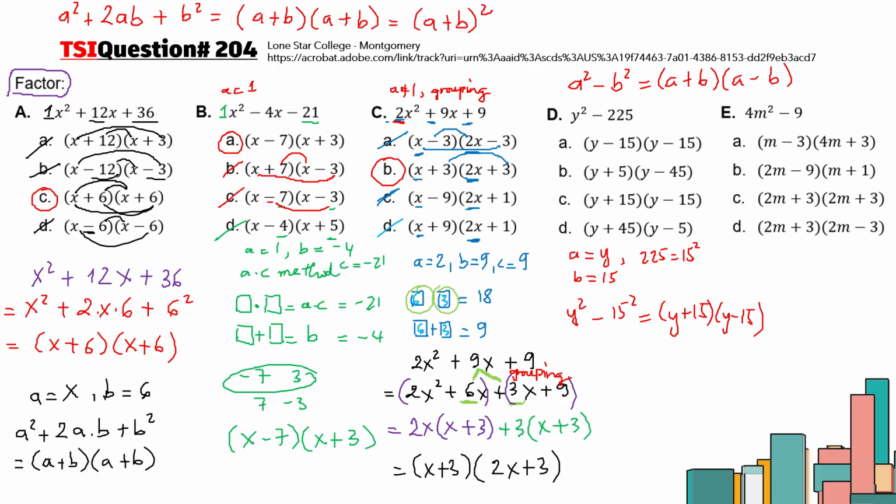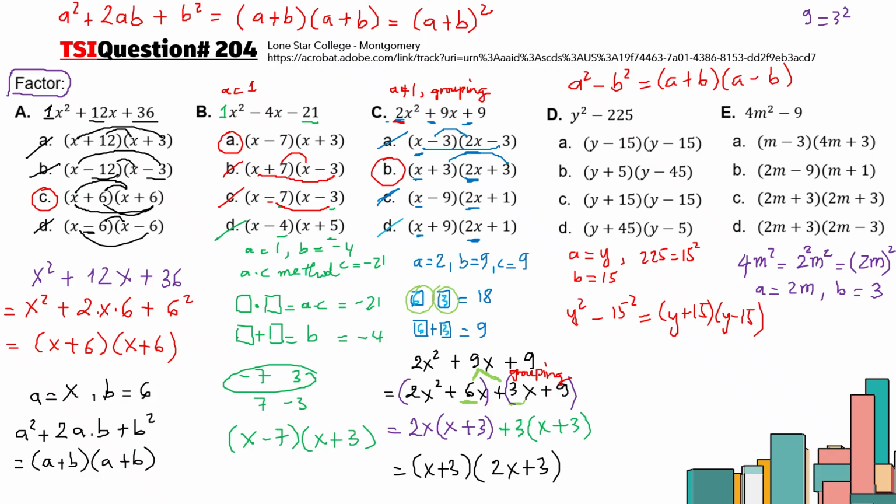Similar for E, we have 4m squared. Remember that 4m squared equals 2 squared times m squared. 4 is 2 squared, and m squared keeps the same, so we can take 2m all squared like that. So now my a is 2m, my b is 3 because 9 is 3 squared.